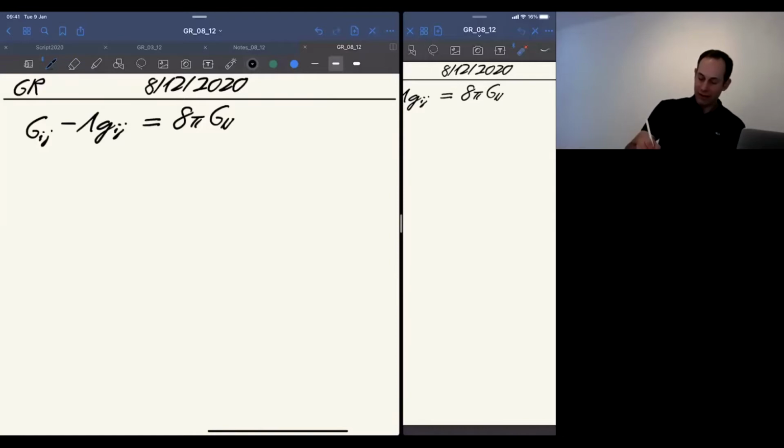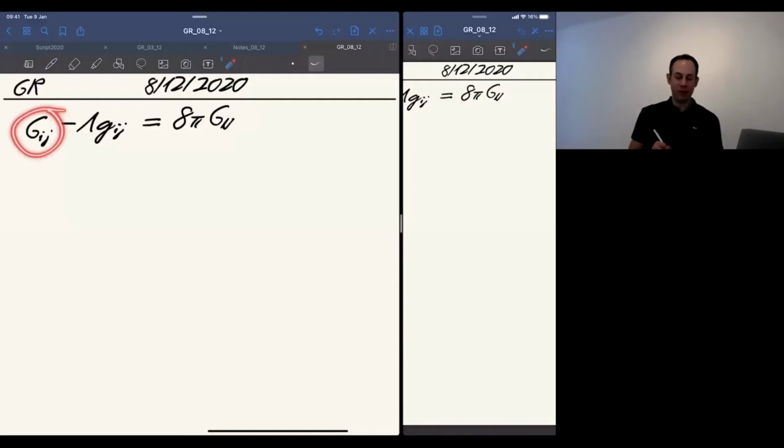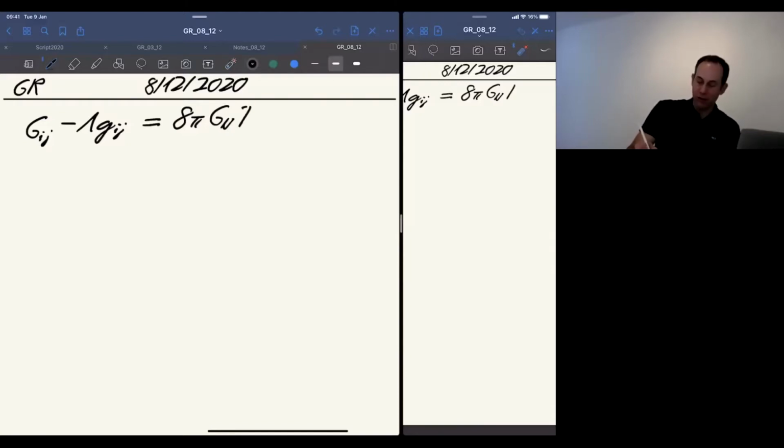So that has nothing to do with this Einstein tensor here. It's just a constant, which we can set to 1, as you know. And if we set it to 1, we can measure length in terms of mass. And then we have the energy momentum tensor, which we introduced last week. And that was the reason why we finally were able to write down this equation.